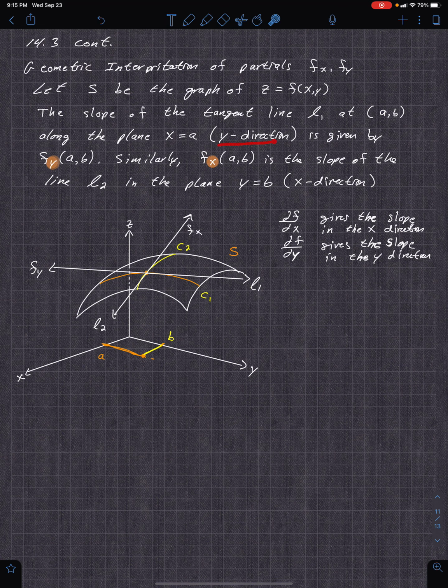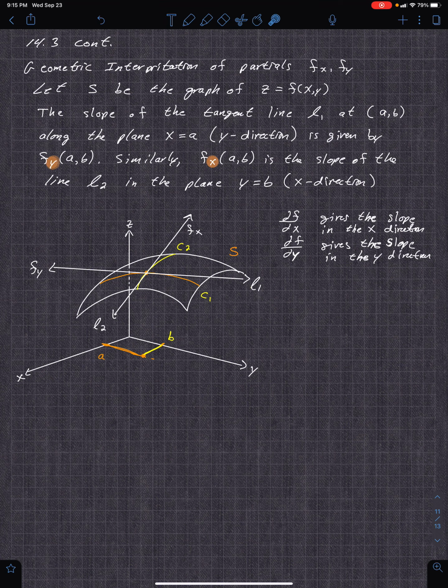So that's the y direction. So picture a plane right here cutting up through and making that cut right there. Okay, so that's x equals a. I know it's hard to draw it, but basically that's your x equals a. Picture it going up and cutting through that surface. It is given by partial of f with respect to y.